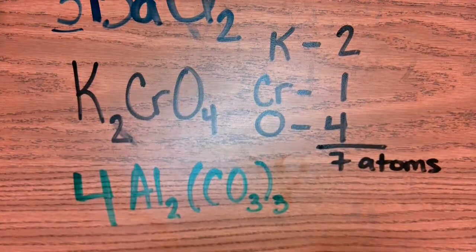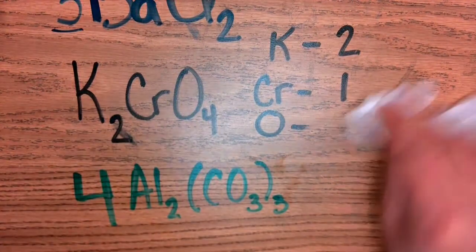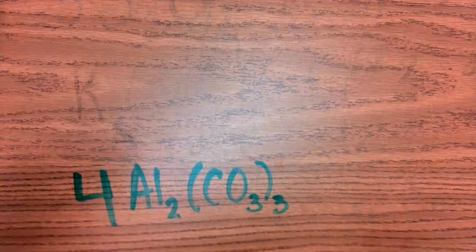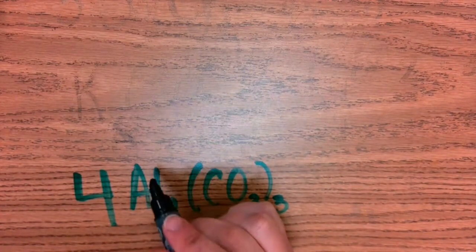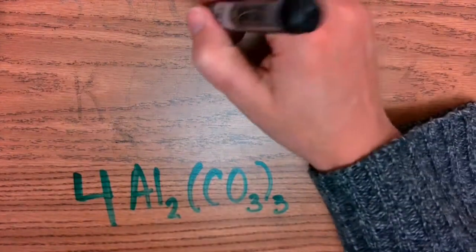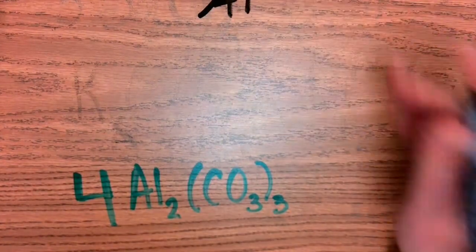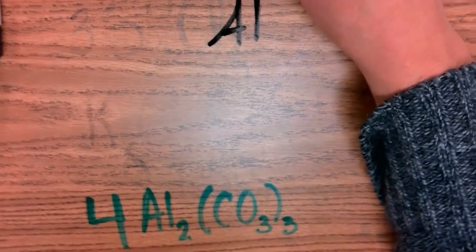All right, last but not least, this is the tricky one here. Tricky, tricky, tricky. Okay, I'm going to erase these so that we have plenty of room. You're going to need some room for this one. All right, here we go. Al, that's not an I, it's an L. Al for aluminum. Okay.